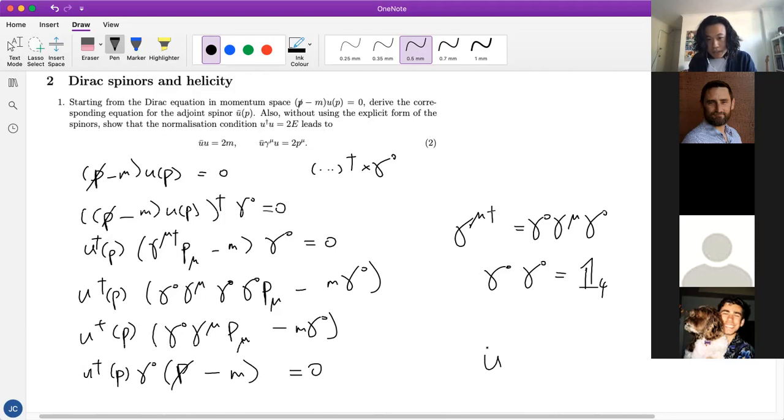And remember the adjoint operator's definition is the Hermitian conjugate times gamma naught. So this is now the adjoint operator. So we get U bar, P slash minus M, is equal to 0. So that's the Dirac equation for the adjoint spinor.